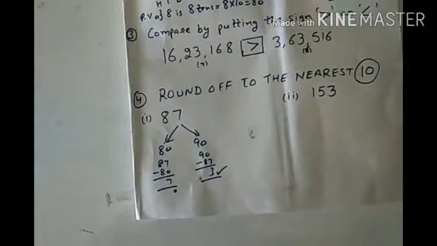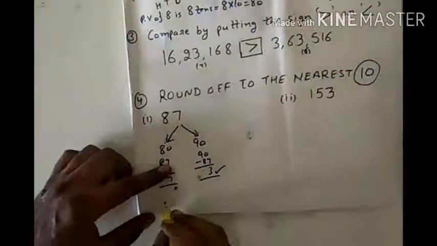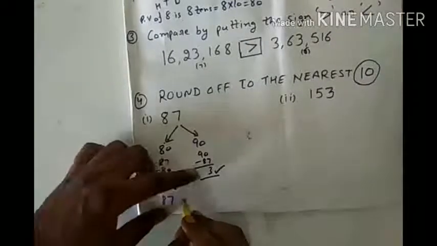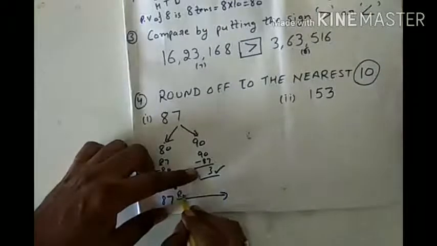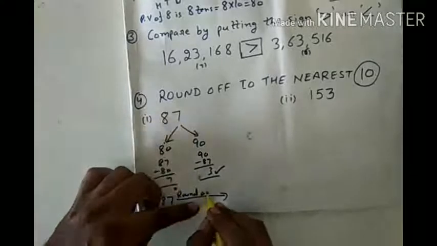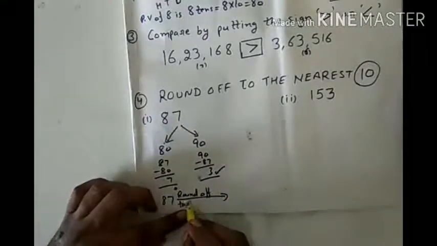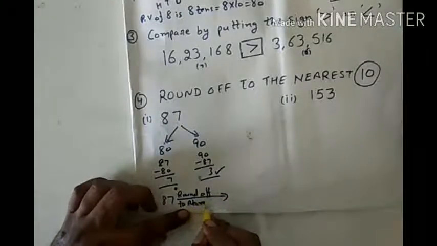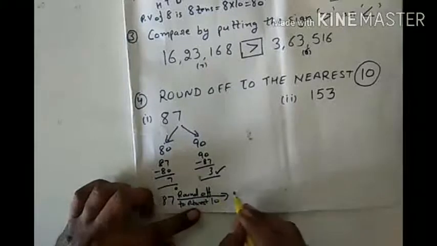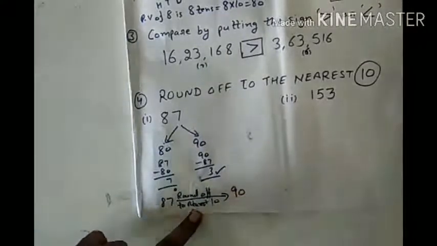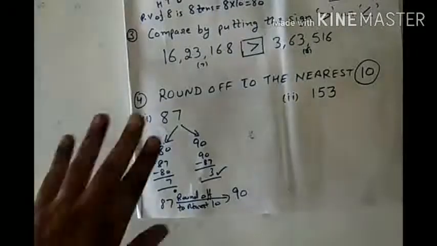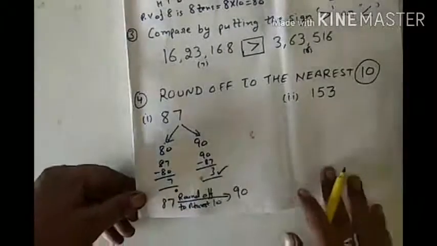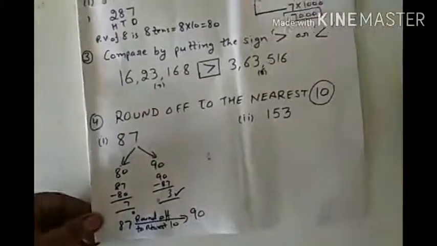So, if you round off 87 to the nearest 10, your answer will be 90. Now, this was the method of subtraction, and here I will explain a different method.